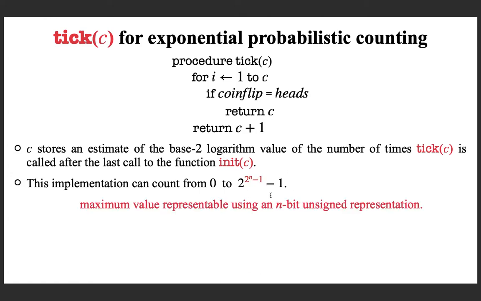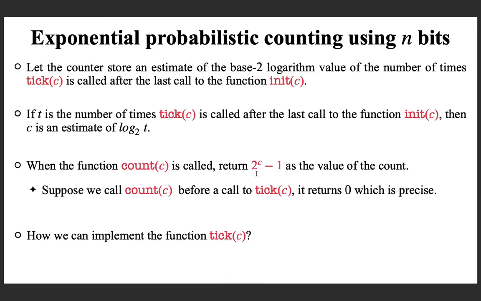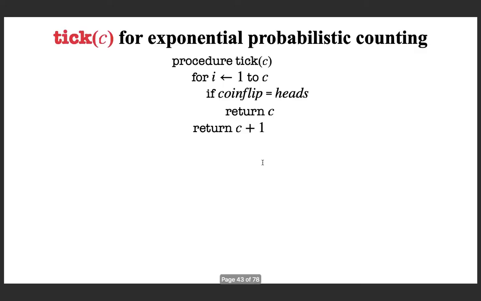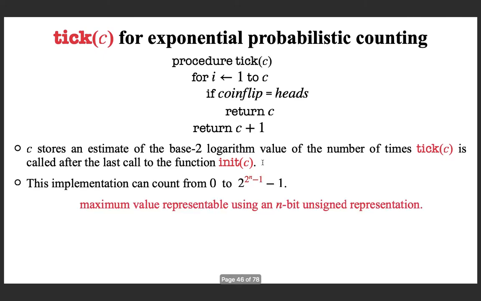Because if you go back and see what you are returning, 2 to the power small c minus 1. So what is the maximum value which can be returned? The maximum value of small c, which is an n-bit binary value. So what is the maximum n-bit binary value? This is the maximum n-bit binary value, 2 to the power n minus 1.